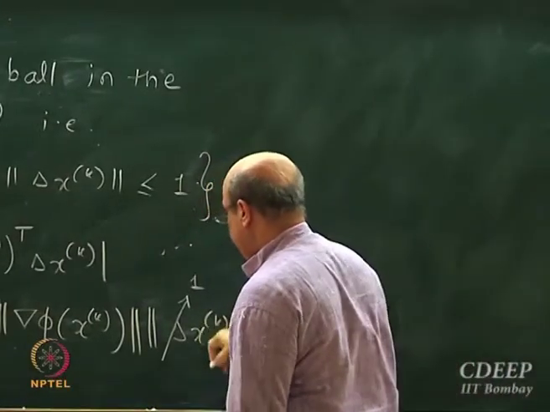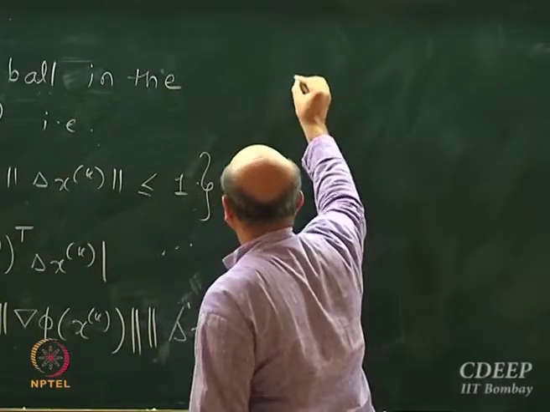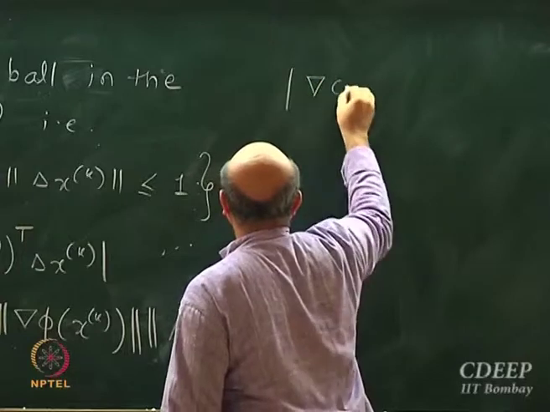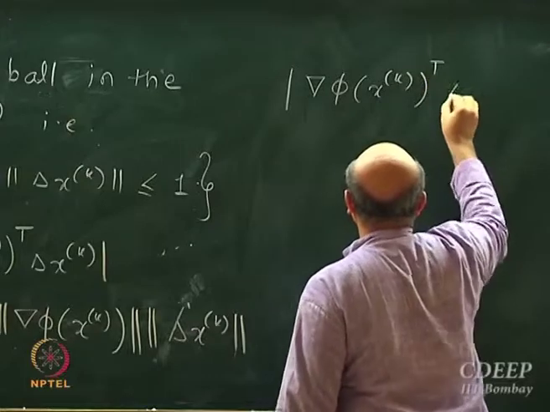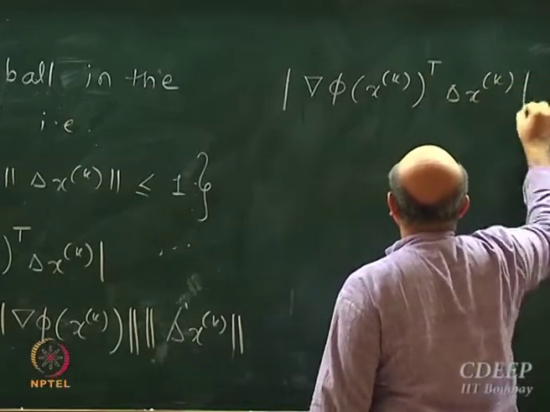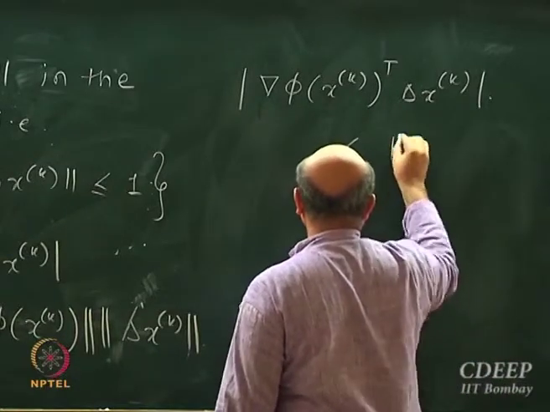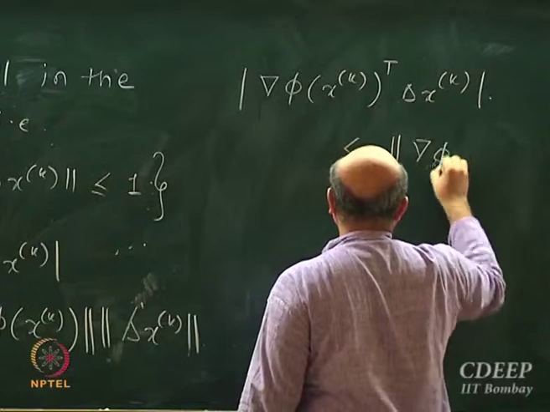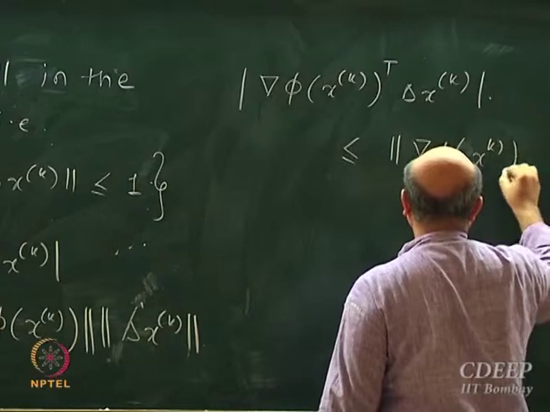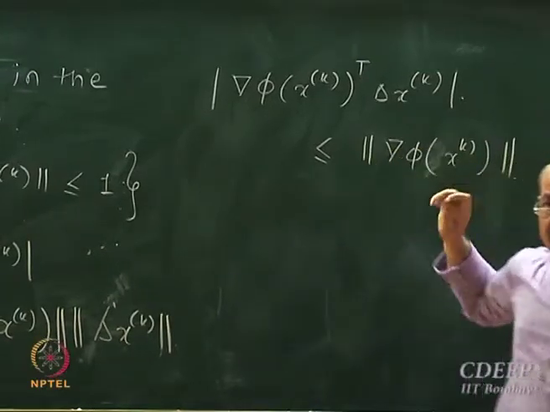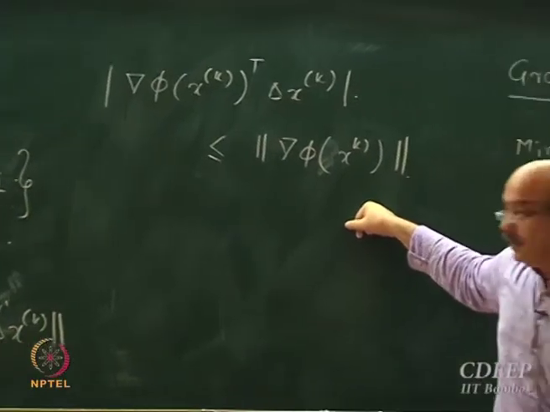okay, so if the maximum value this can take is 1, then I can write that grad phi xk transpose delta xk, this quantity, is less than or equal to the norm of this gradient.